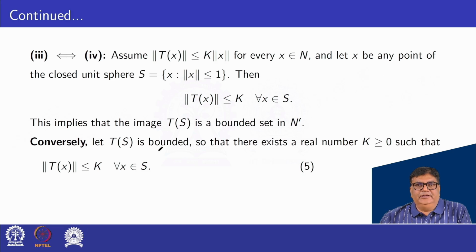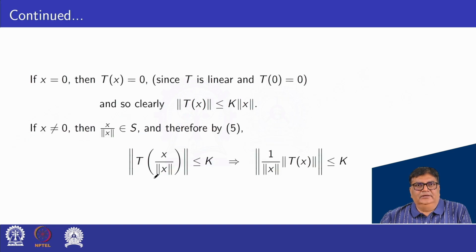Let T(S) be bounded so that there exists a real number k greater than or equal to 0 such that norm Tx is less than or equal to k for all x belonging to S. If x is equal to 0, then Tx is equal to 0, because taking the transformation of both sides, Tx is equal to T0, and T is linear, so T0 is 0, that is Tx is equal to 0.